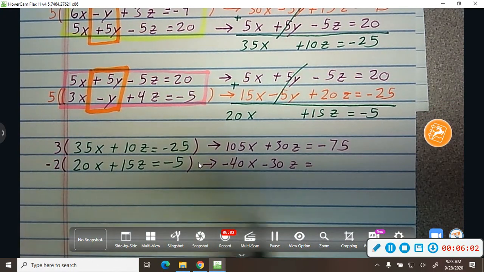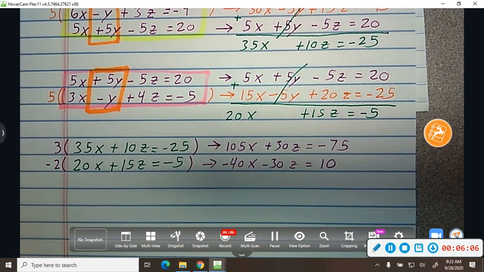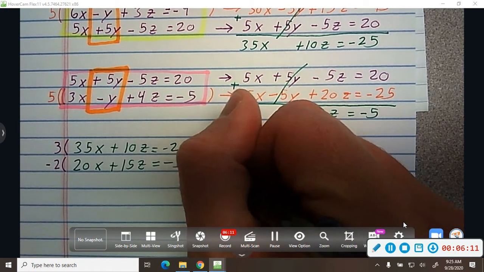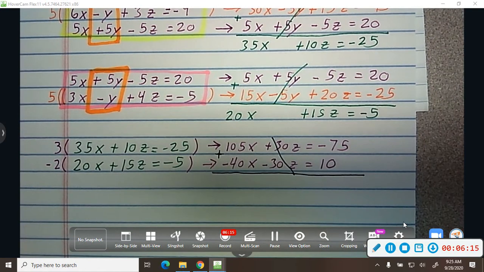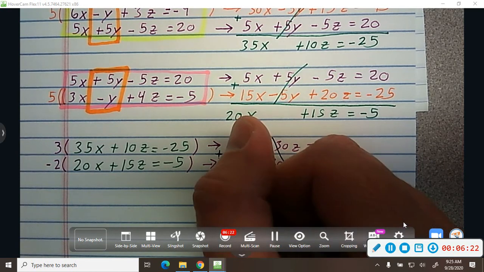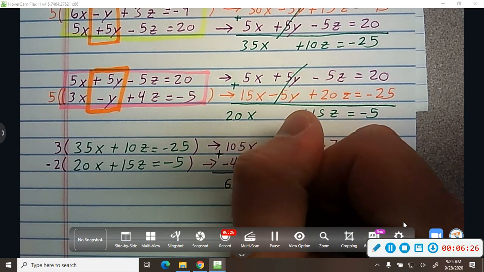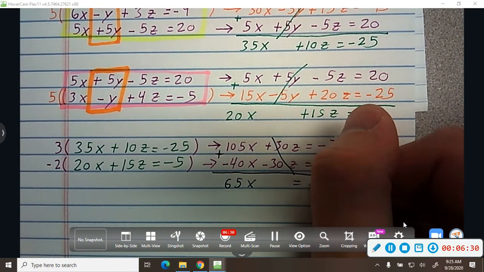And negative 2 times negative 5 is 10. From there, we add those two equations together. The z's cancel. Let's see, 105 minus 40 is what, 65? Negative 75 plus 10 is negative 65.